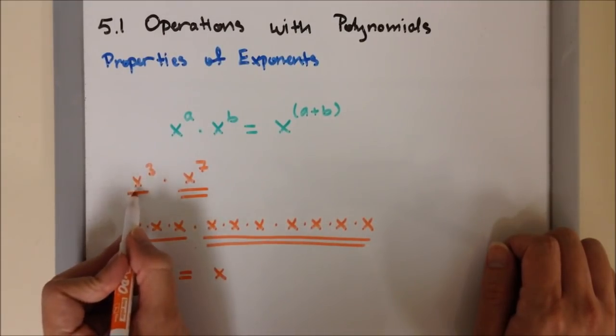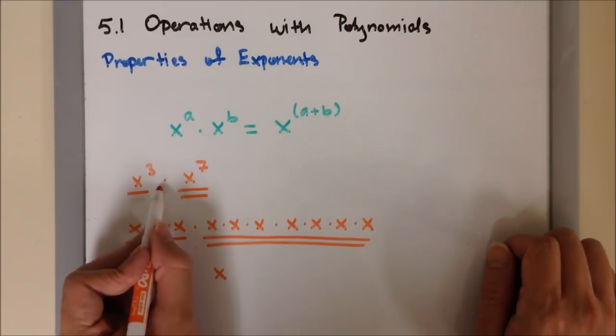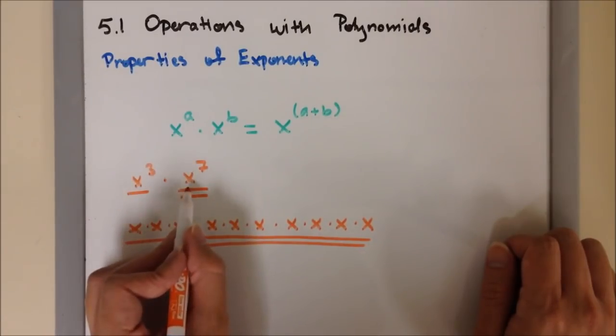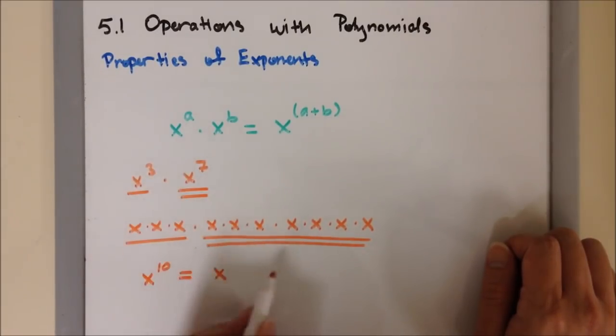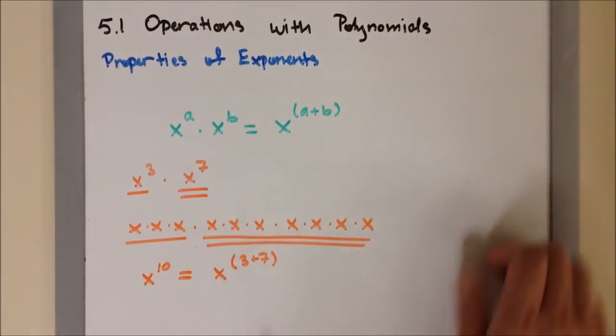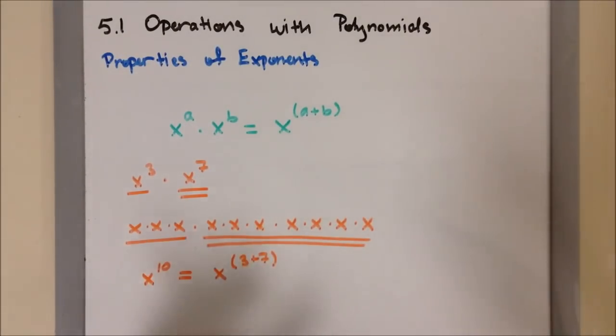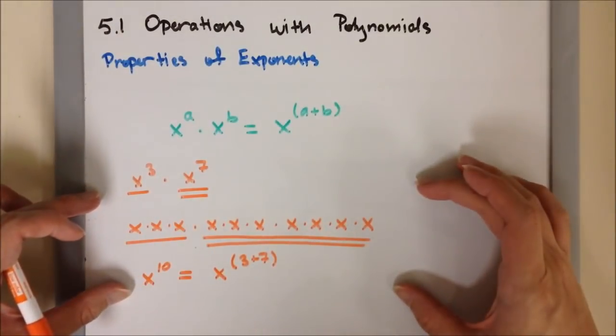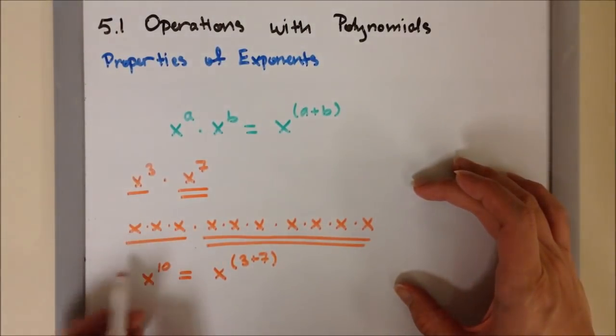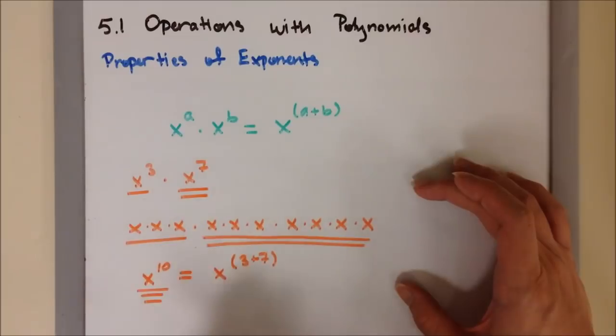When it's x to the 3rd times same base x to the 7th, basically means x to the power of 3 plus 7, which is the same as x to the 10th power. So I wrote out the long version in order to simplify into x to the 10th power.